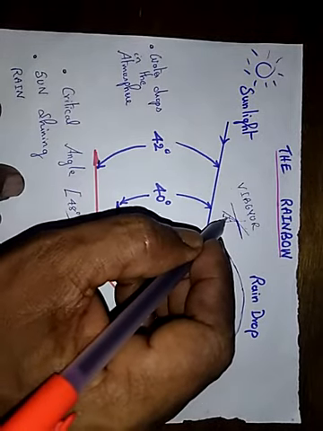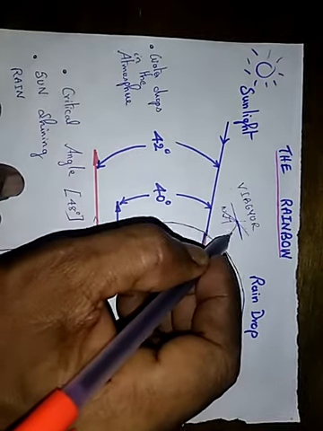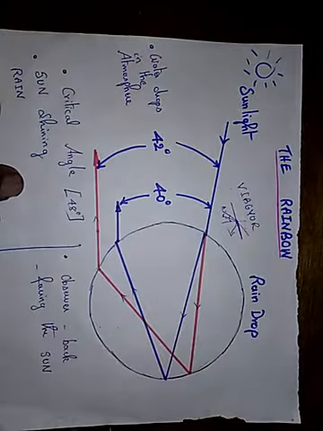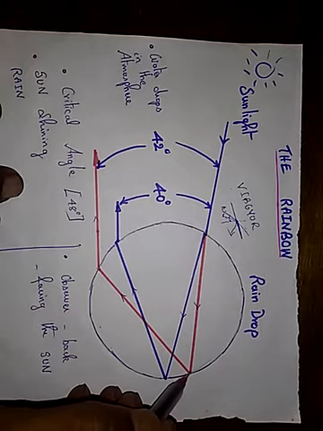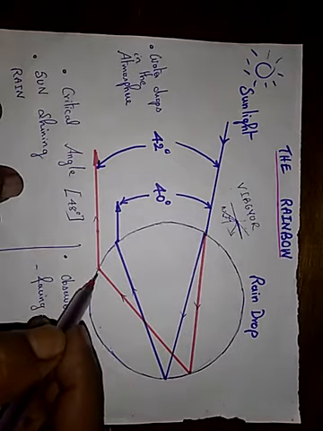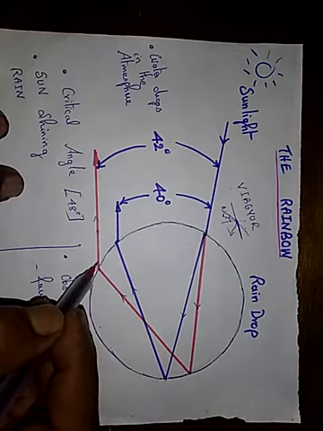This angle is called the critical angle. If you increase the angle further, you will get reflection. So the red wavelength, after touching this, undergoes a reflection. Reflection means the angle is greater than the critical angle. That's why it is getting reflected back.